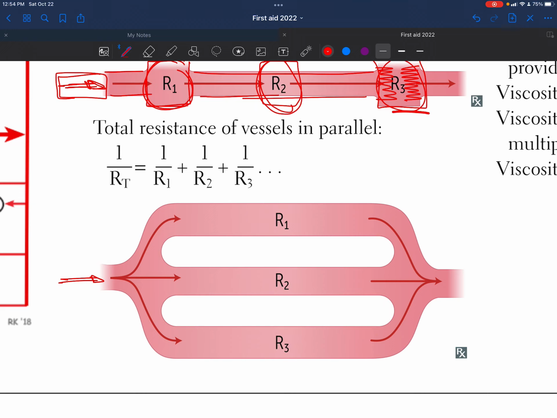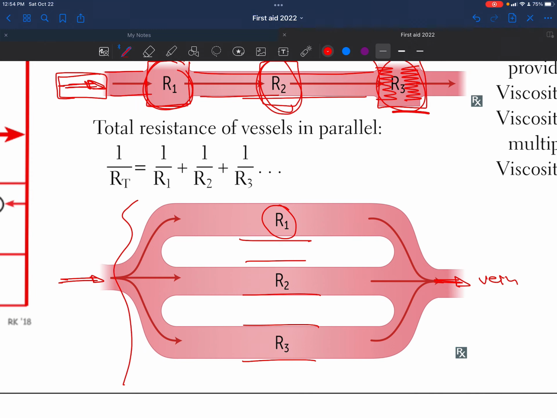The other condition is if we have blood flow coming this way but dividing into different places, so it's going through all the resistances at once: resistance 1 is in parallel to resistance 2, parallel to resistance 3, and then the blood is collecting and going back through the vein, let's say.